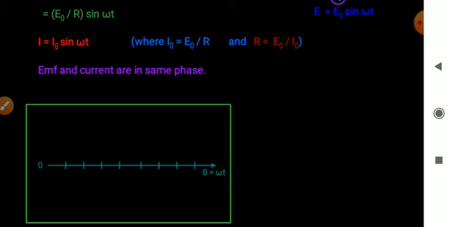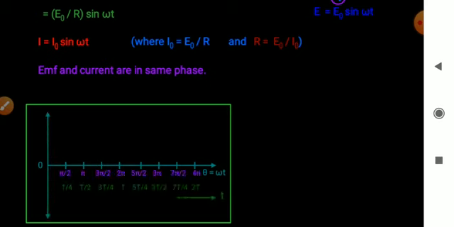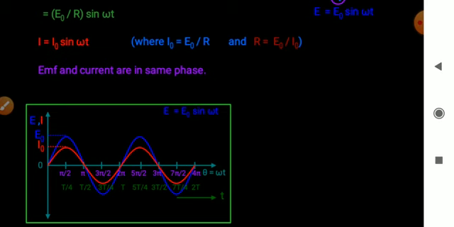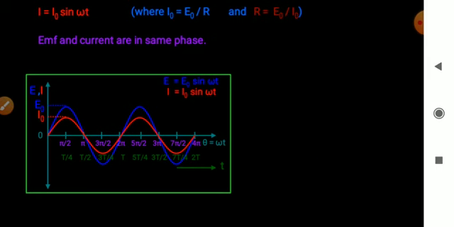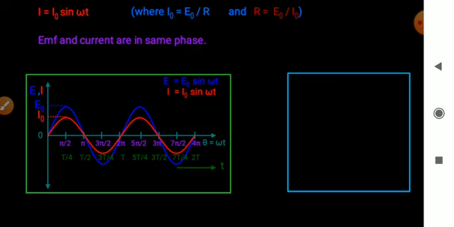In this diagram, the peak values of EMF and current are E naught and I naught, with E equal to E naught sin omega t, I equal to I naught sin omega t. This is the phasor diagram of alternating current and alternating EMF.